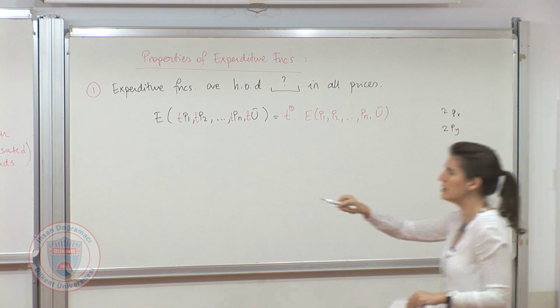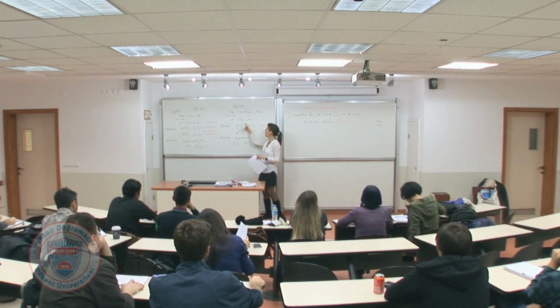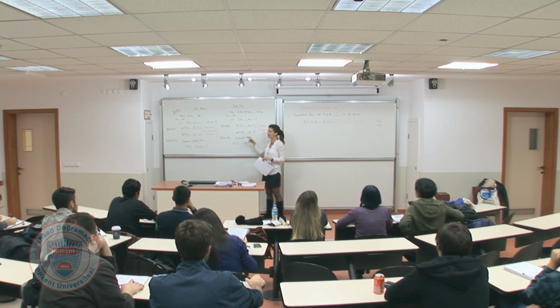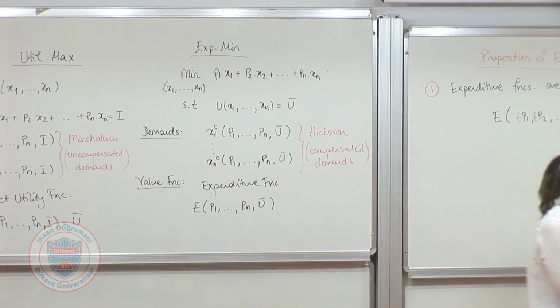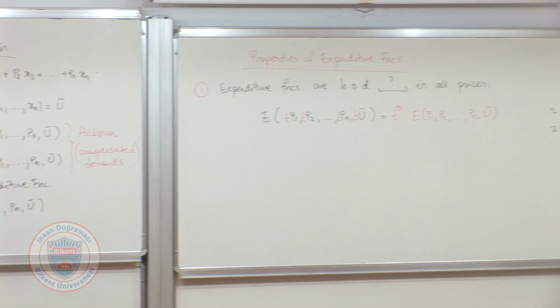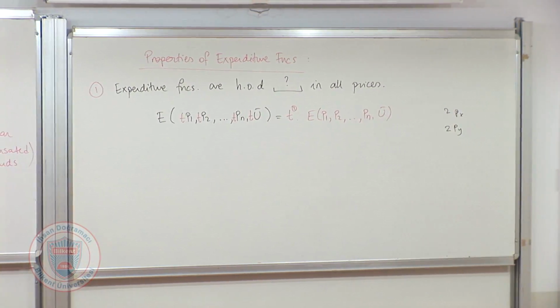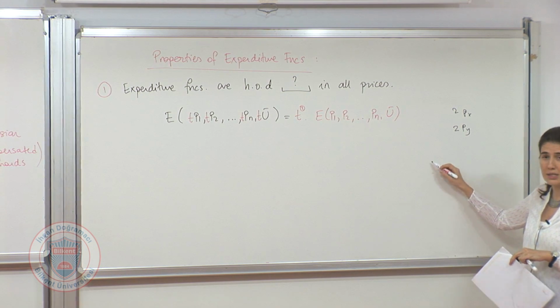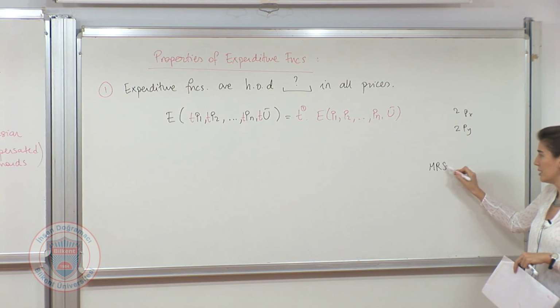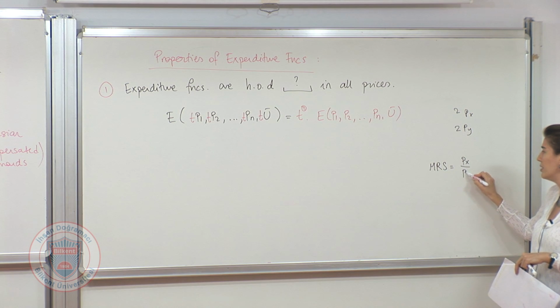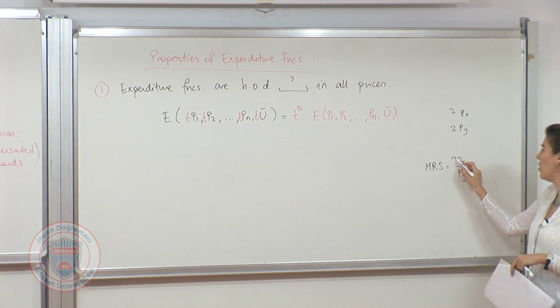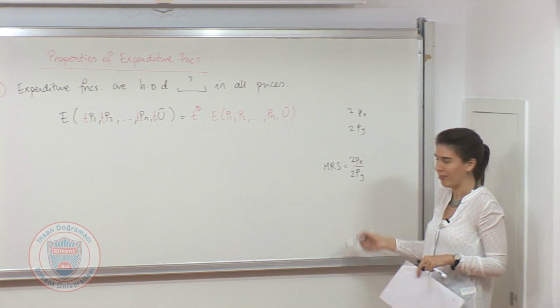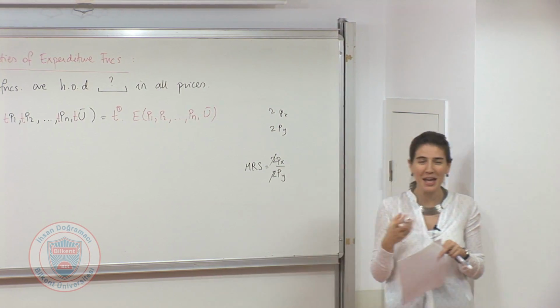Suppose I solve this with PX, PY, I got these demands, and now I have 2PX and 2PY. Do you think anything will change? What was the first order condition? Remember, it was MRS should be equal to PX over PY. So it's the same thing, right?